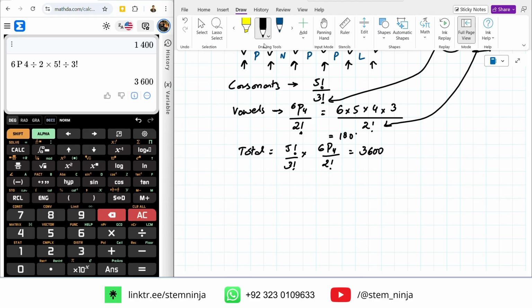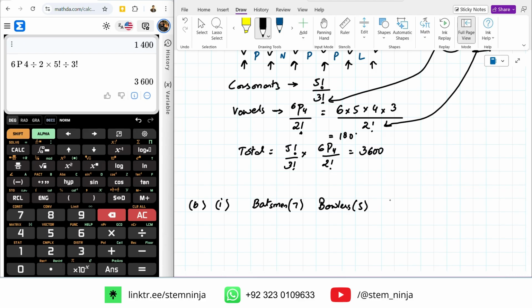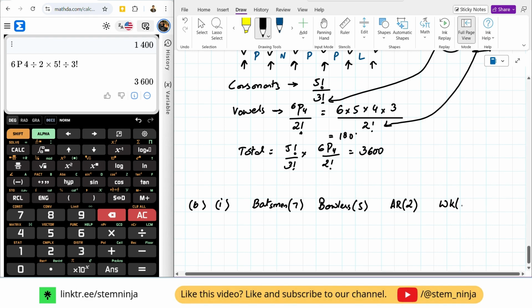All right, so first let's write, if there are no requirements, you have batsmen 7 total, bowlers 5, all-rounders, let's call that AR, 2, and wicket-keepers you have 2 also.